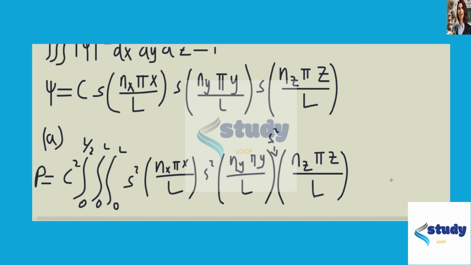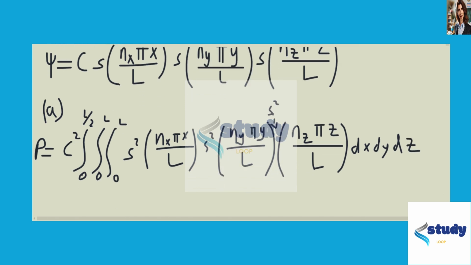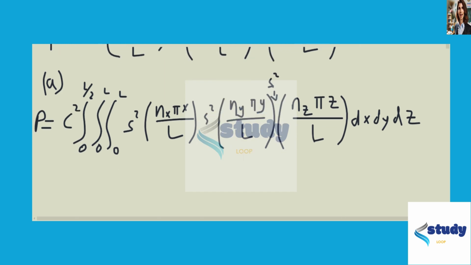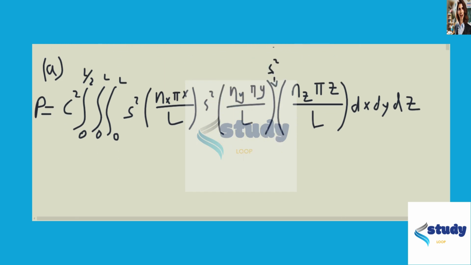This is an integration dx dy dz. We treat the integration with respect to x, y, z separately: from 0 to L over 2 for x, 0 to L for y, and 0 to L for z.